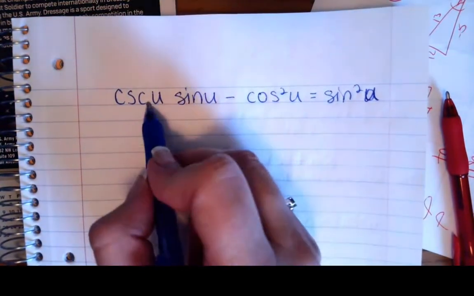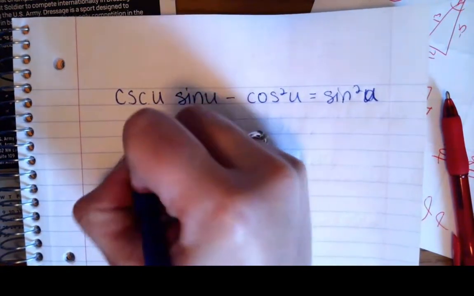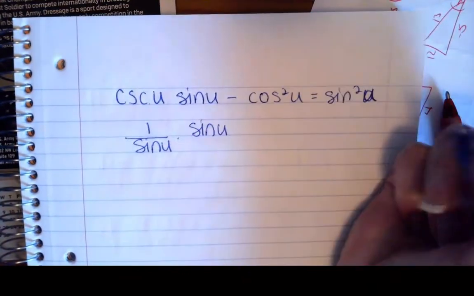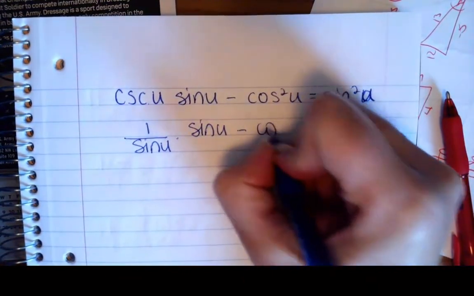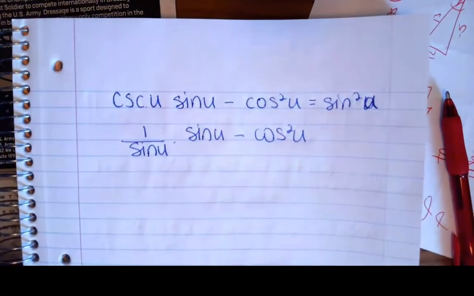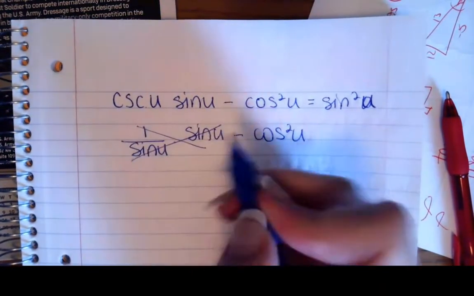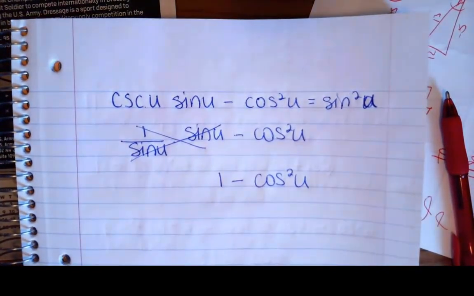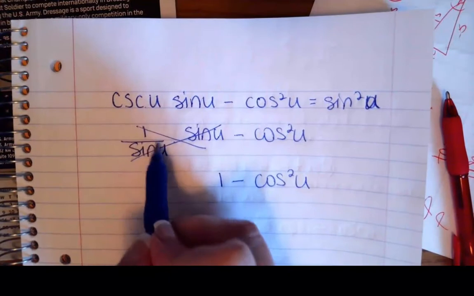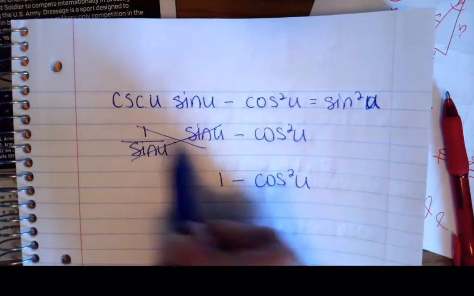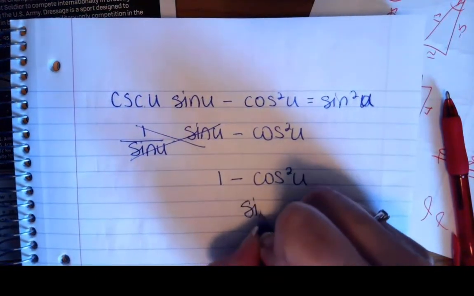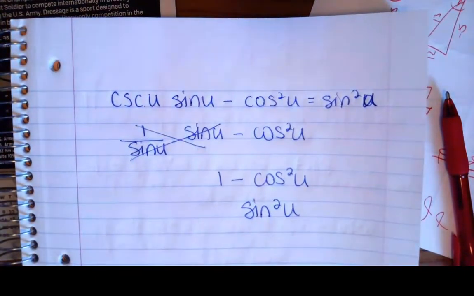So when I change this, I'm going to get 1 over sine u times sine u minus cosine squared u. So what happens? This reduces to a 1. So now I've got 1 minus cosine squared u. So I used a reciprocal identity. I canceled. And now magically I've got a Pythagorean identity, which is going to take me to a sine squared.